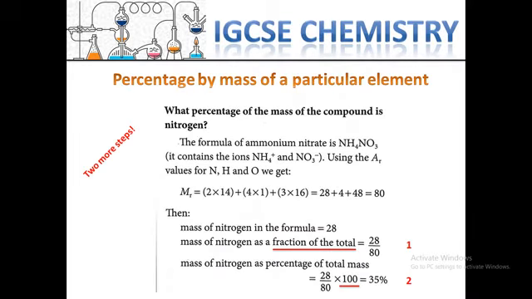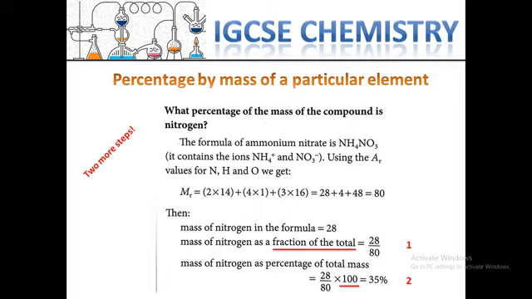You need to do two more steps to get the percentage by mass of a particular element. First, it depends on which element you want the percentage of. This is important because if you notice any product in the market, usually the company or factory labels the pack.